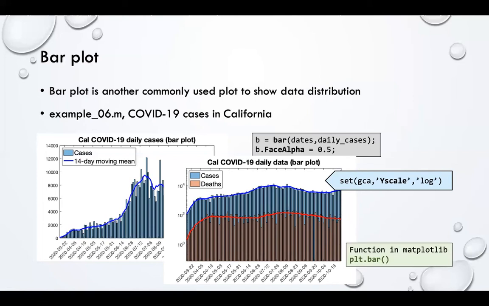And for the Matplotlib library, it's exactly the same thing, and you can apply the same face alpha to this command. However, sometimes for those dense data, an individual case, which is one bar, may not be very important. The important thing is probably just the 14 days moving average.